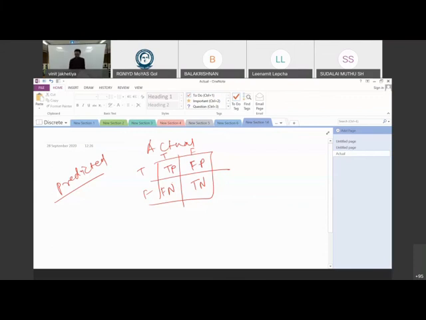So what does this FP represent? The second letter P means what is predicted. In this case, predicted is positive, that's why this is P. F means whatever has been predicted is incorrect. That means the predicted value is true, but in reality it is false.